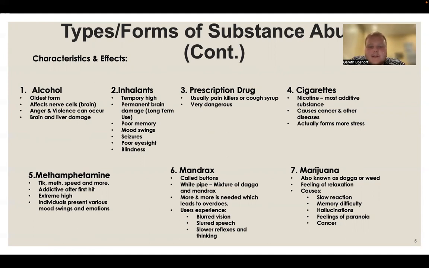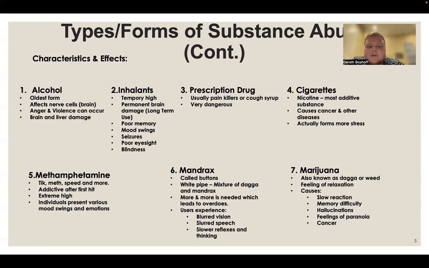Number 6, mandrax, also called buttons. When you mix dagga and crushed up mandrax, this can be called white pipe. When you take this more often, you will end up having an overdose. And if you carry on afterwards, after having the overdose, you'll have another overdose.